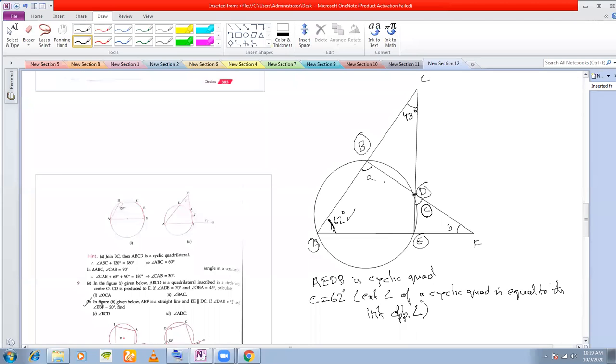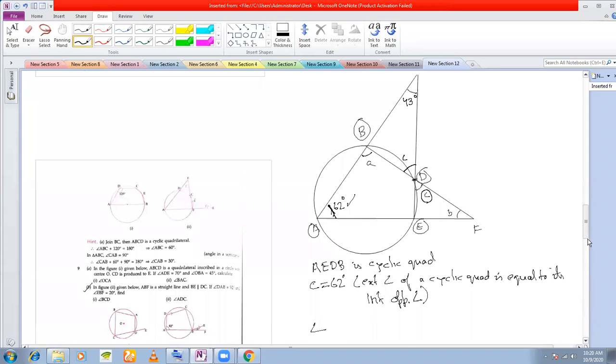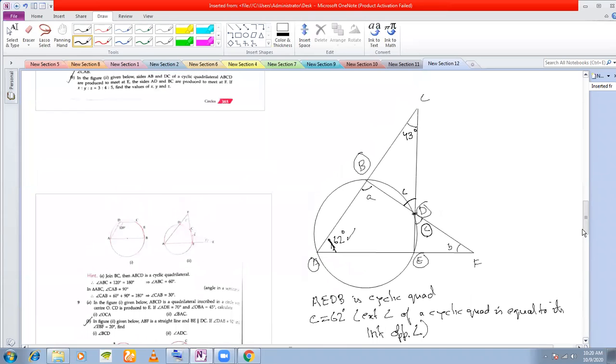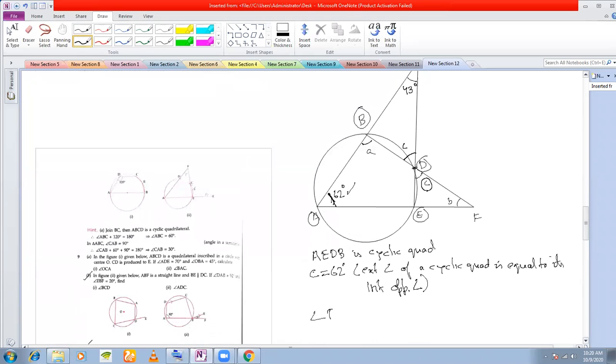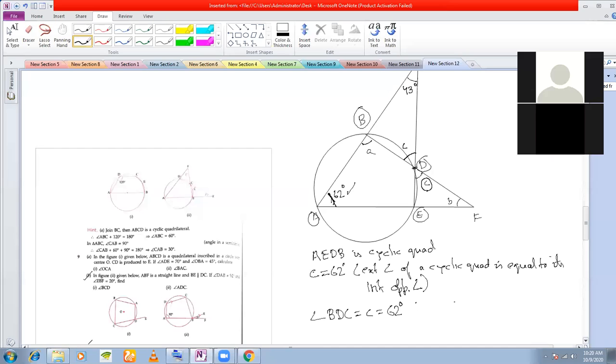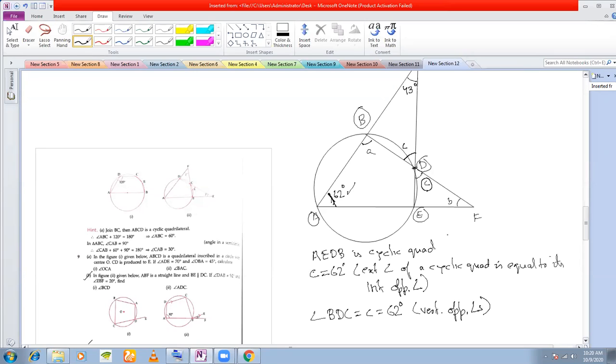Okay. So one angle we have got, C we have got. Now how do you find the next one? See, this is C, and the value of C we have found out. Let's say angle BDC is equal to C is equal to 62 degree because they are vertically opposite angles.